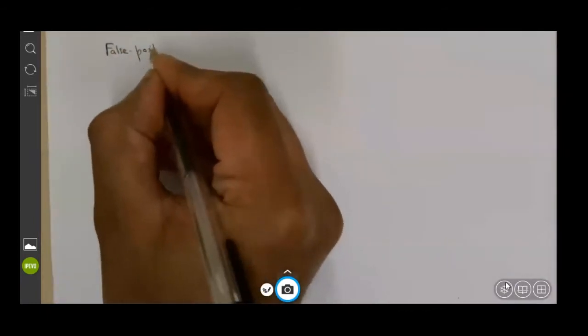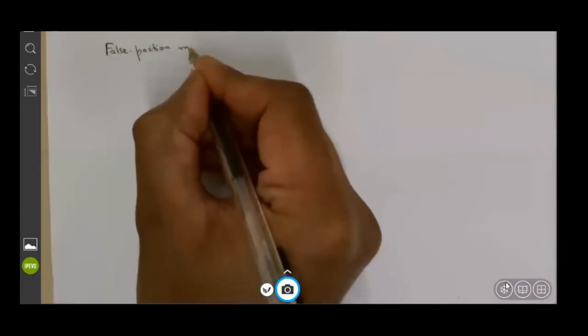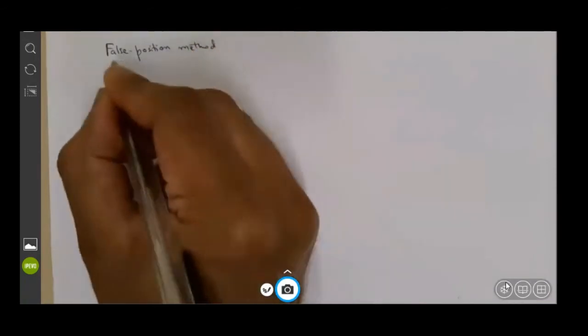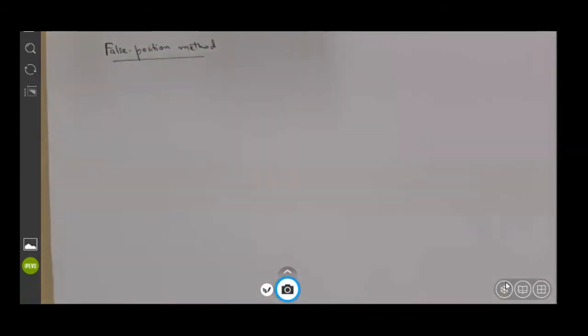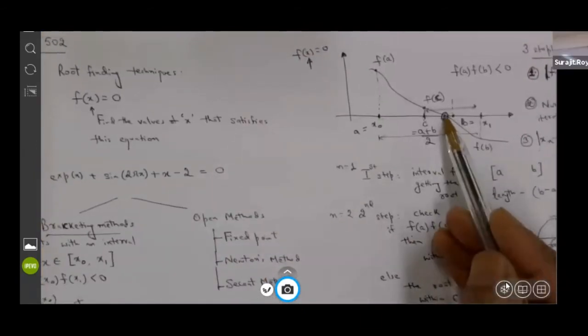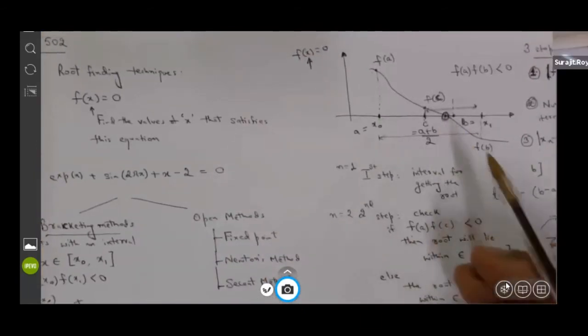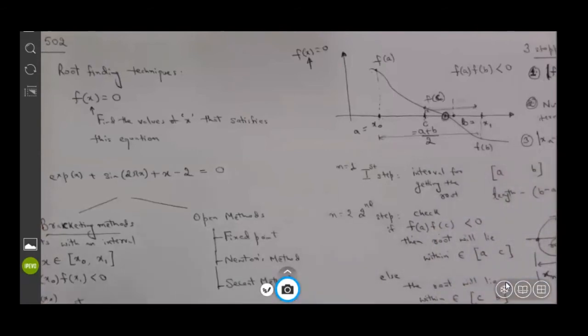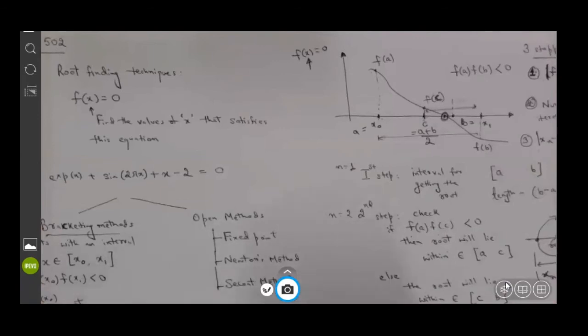Quick question, Professor. Go ahead. So for the first method, we're getting as close as possible to the exact solution. Yes. But if we don't know what the exact solution is, how do we know that we're close enough?